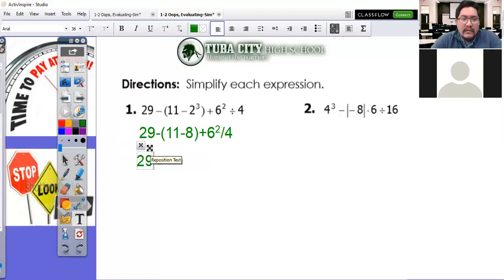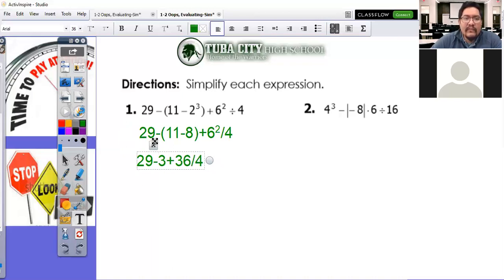Now, I'm going to go ahead and do this grouping symbol here. So I now have 11 minus 8. Now, sometimes you might need your parentheses. Sometimes you don't need them. So if I write it like this, do I need these parentheses here on the 3? No, don't need them.